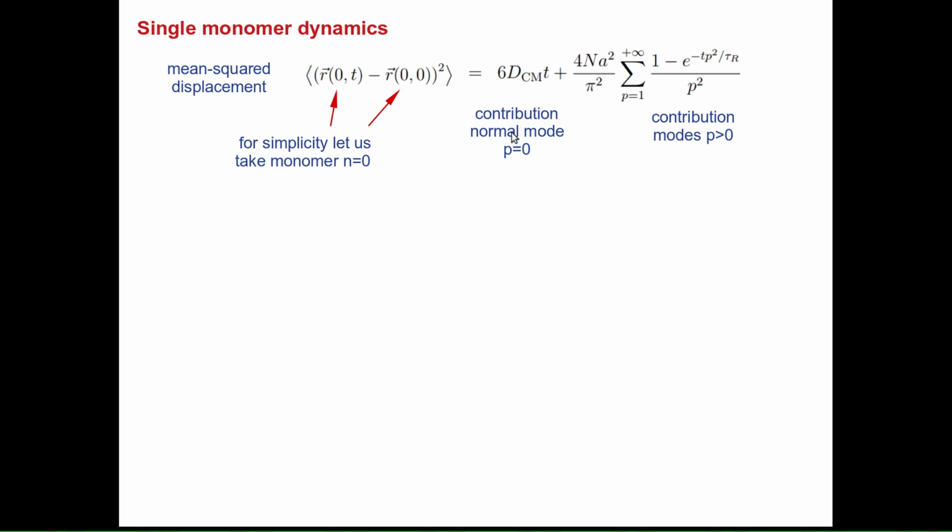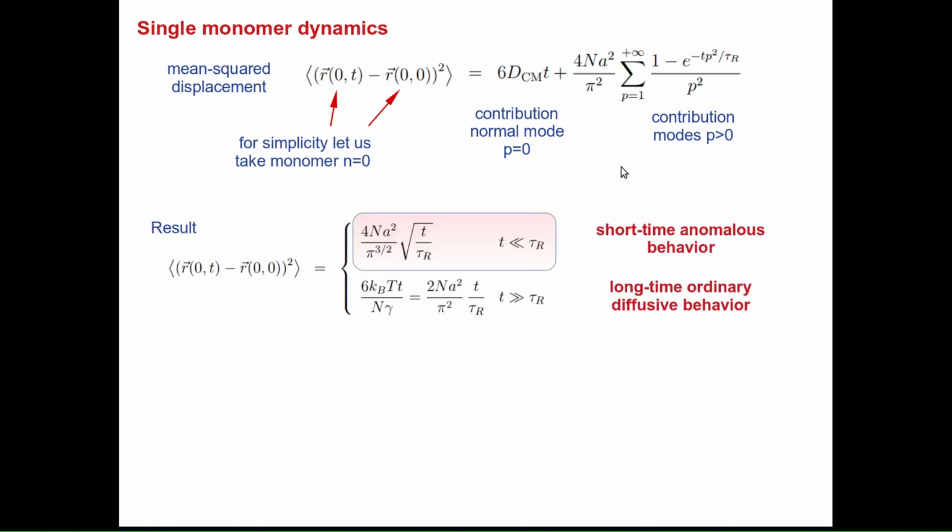Now I don't discuss the details, but I already recognize here the diffusion of the center of mass. This is the mean square displacement, and of course it displaces with the center of mass part, but it also has another contribution that comes from modes p larger than 0.